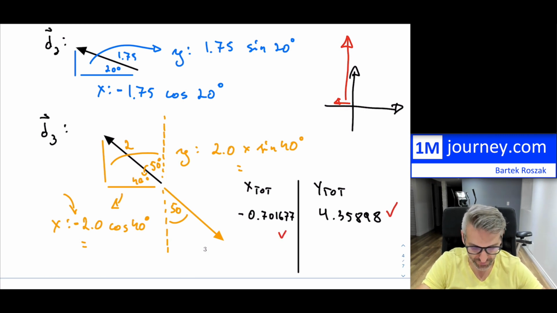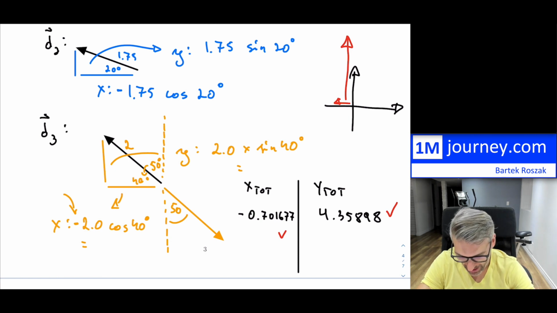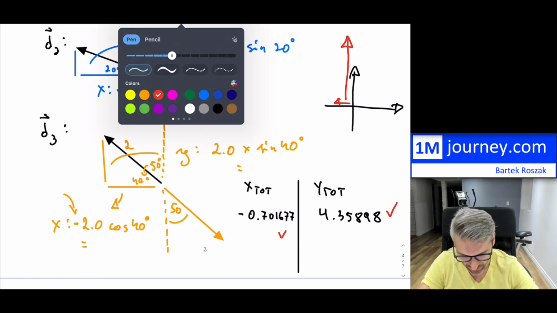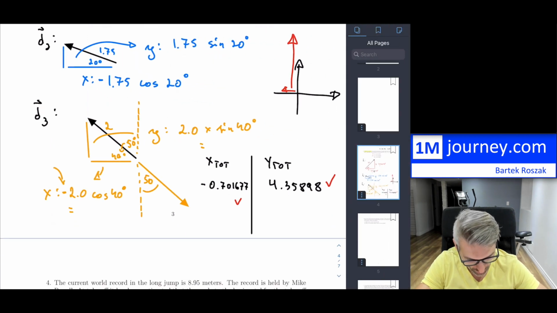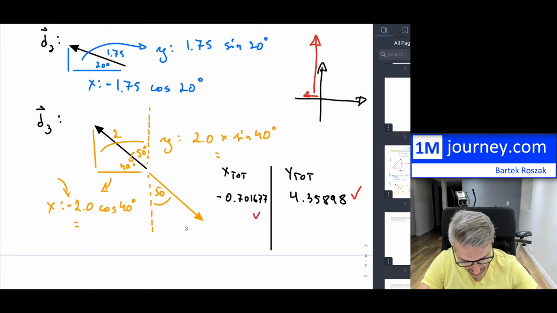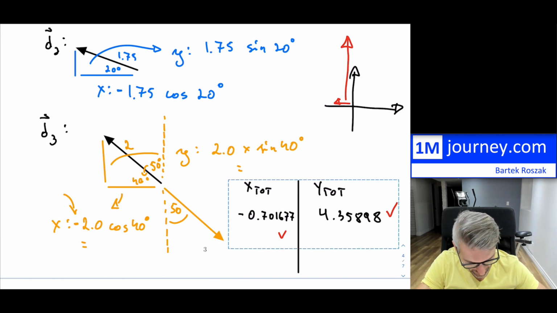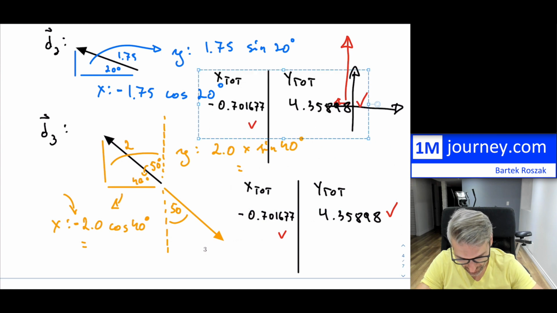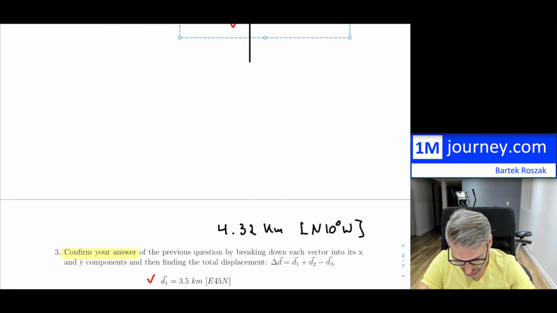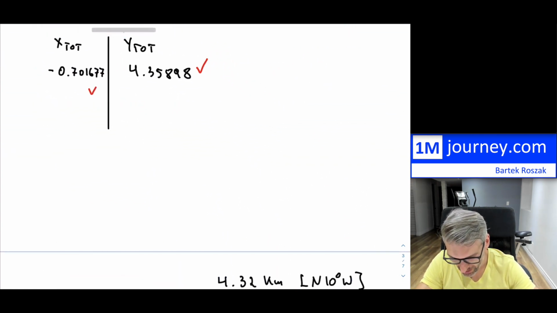And of course, if you wanted to draw out the resultant for yourself, actually, let me go up on top here. If I bring this up to conclude this, this is what you would have.